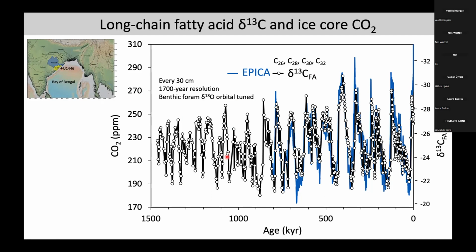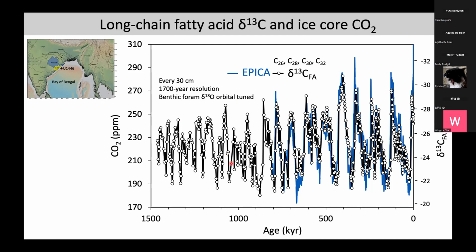We actually intended to reconstruct the Indian summer monsoon precipitation by analyzing the carbon isotopes, because the carbon isotopes should reflect the C3, C4 vegetation, and the C3, C4 vegetation is believed to reflect the precipitation.